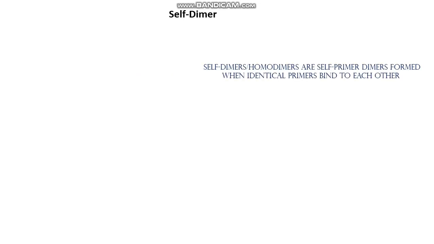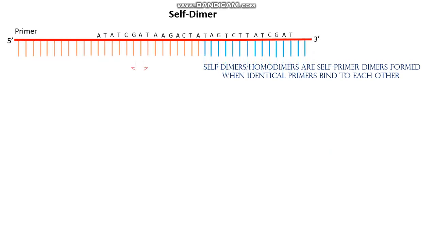First I'll talk about the self dimer. The self dimers or homodimers are primer dimers formed when identical primers bind to each other. As you see in this figure, in the blue part, there is an identical or complementary part of this primer.